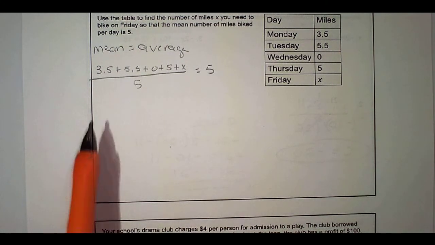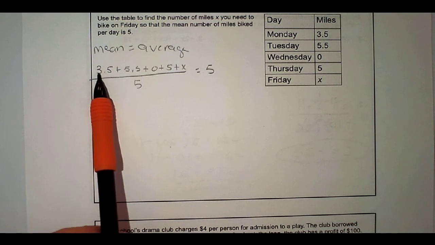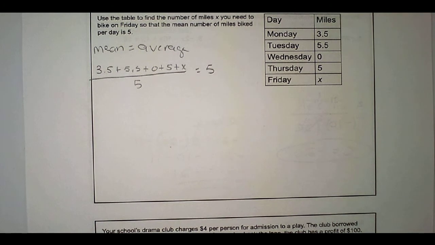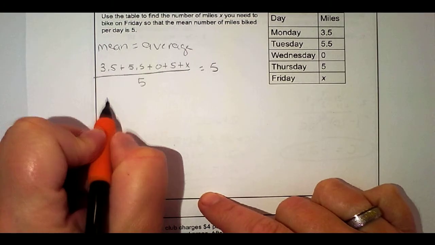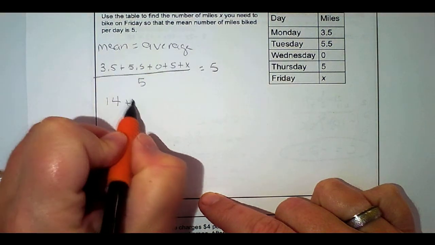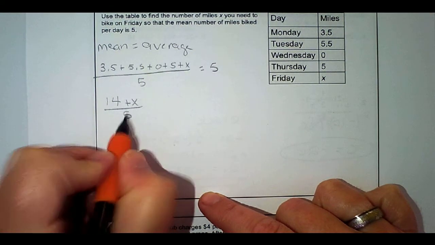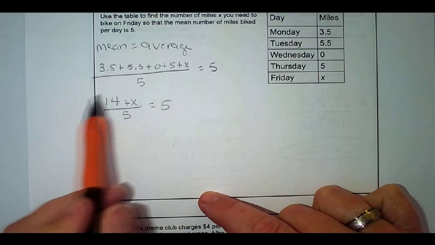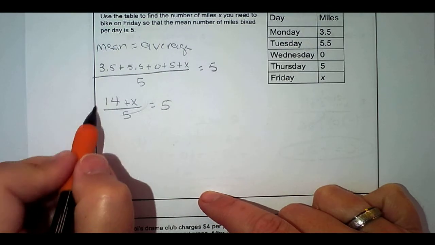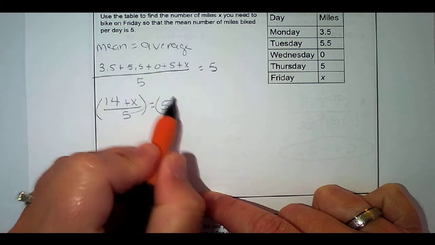So combine like terms on the top. We have 3.5 plus 5.5 plus 0 plus 5 gives me 14 plus x divided by 5 equals 5. I'm working on getting this by itself, so I need to multiply both sides by 5.